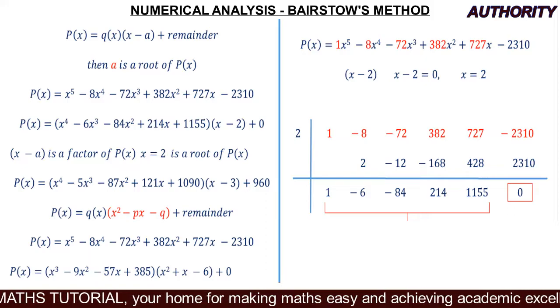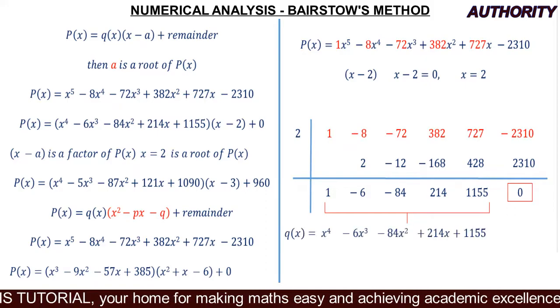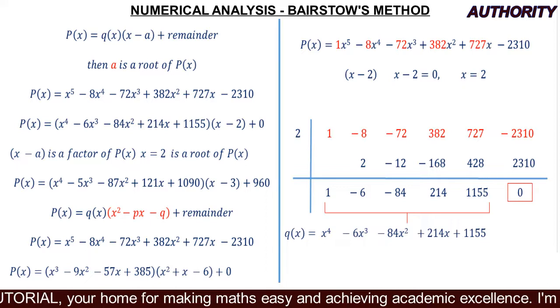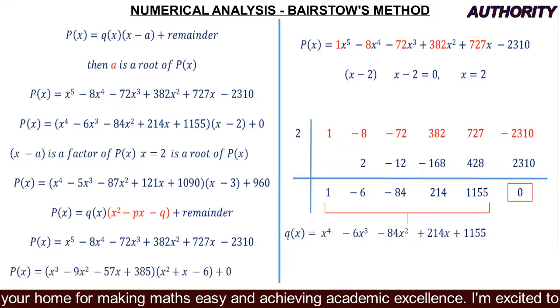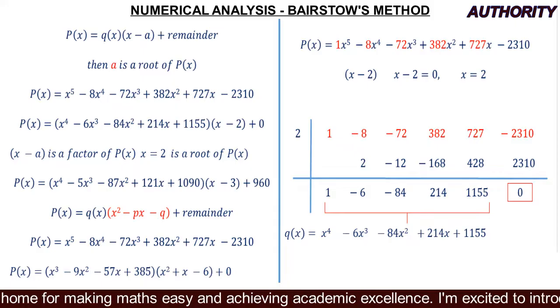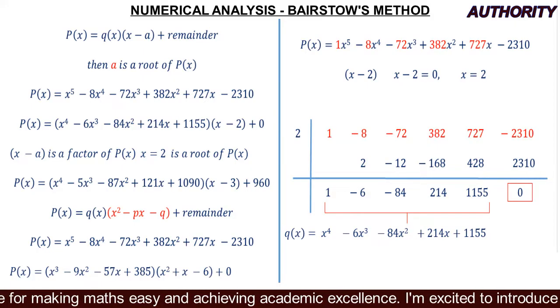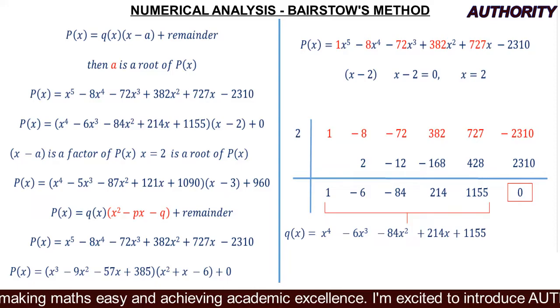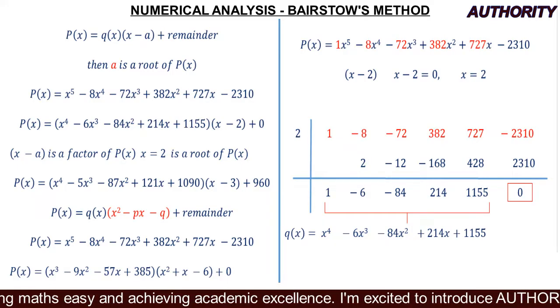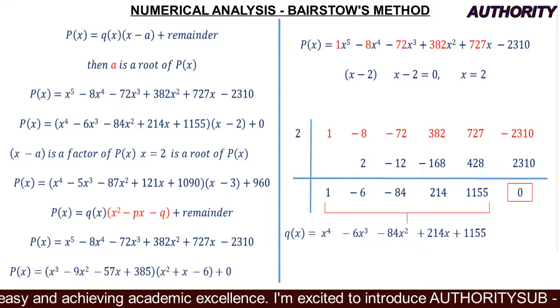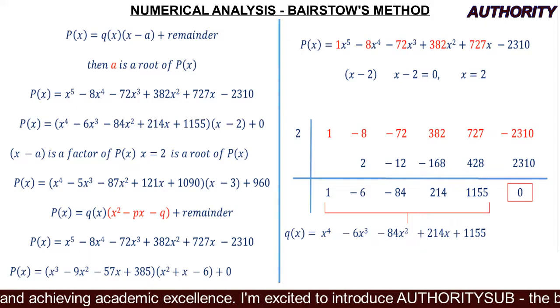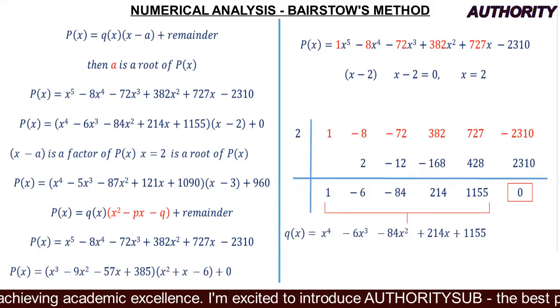So our q of x, our quotient, is what? The real polynomial is degree 5, so the degree of the quotient is going to reduce by 1. That means we're going to have x raised to the power of 4 minus 6x cubed minus 84x squared plus 214x plus 1155. Are we together?